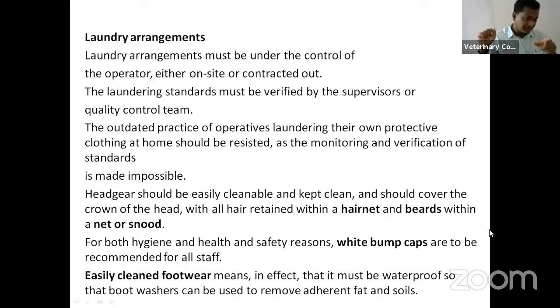Here it is a two-way function that the apparel does. The other function is avoiding the contamination of the meat. So in doing so, every day there is clothing that is removed and to be laundered so that it can be made use of next time.